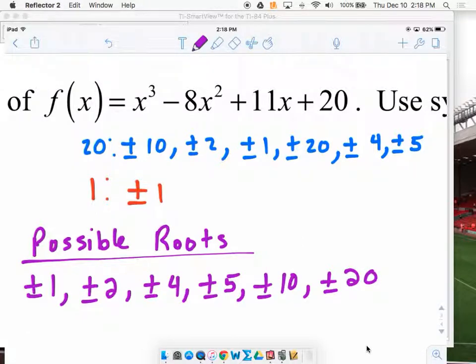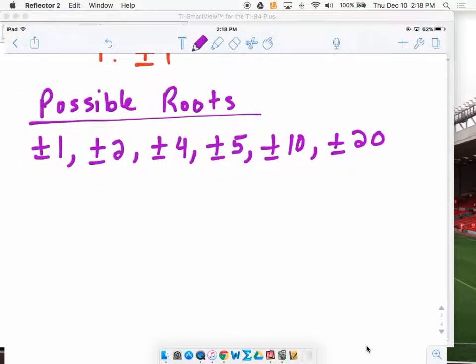Right? 10 over 1, 10, 2 over 1, 2, 1 over 1, 1. You don't have to. You can put it really in any order you want. Just as long as you have the roots down. All right, so how many possibles do we have here? 12, right? So 12 possibles.